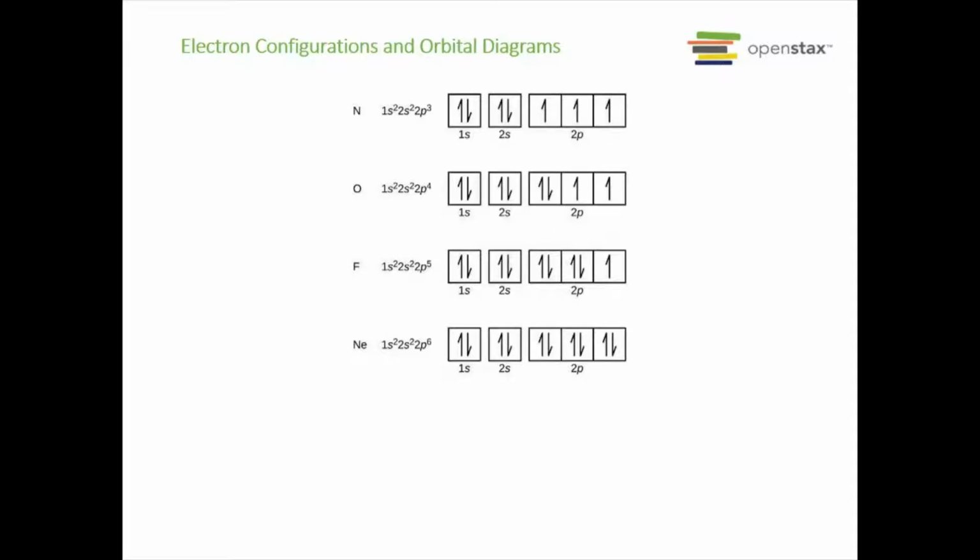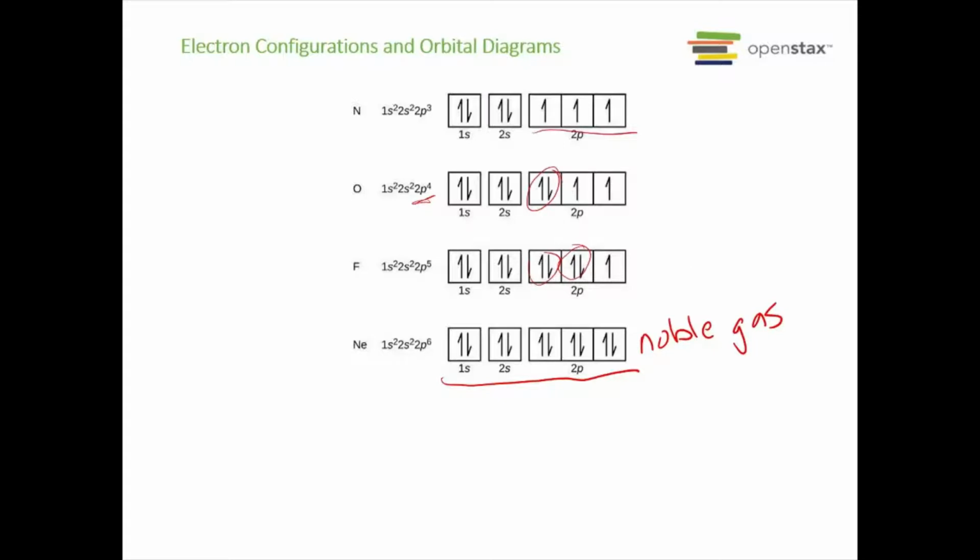Here's a few other diagrams for you. Nitrogen, notice now we have 7 electrons. So now we've got these 3 unpaired electrons. Then we add 1 more electron to go to oxygen, and we have to now start pairing. Fluorine has 2 pairs. And then when you see neon, neon is a noble gas. It's not our first noble gas, that would be helium. But neon has this nice full 2p orbital.